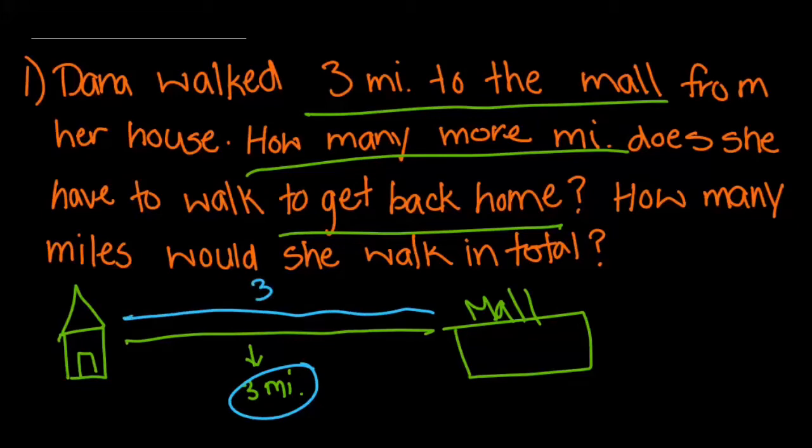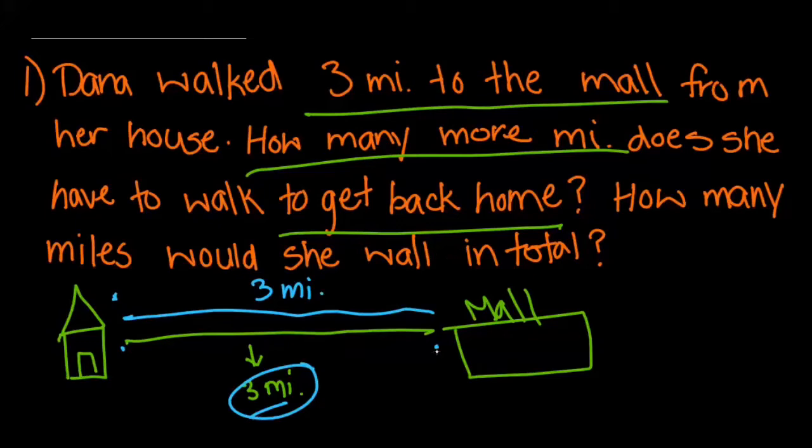This would be 3 miles as well. So it's logical, it's reasonable. If it took her 3 miles to get from her house to the mall, then it must be the same distance when she's going back.